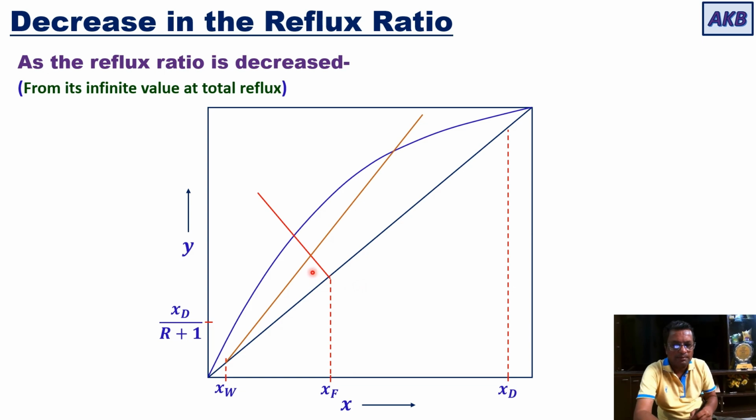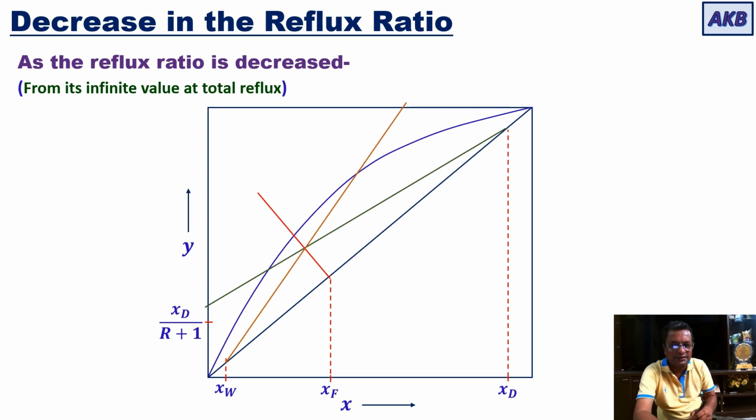Now, when the reflux ratio is decreased, the rectifying section line is moving towards the equilibrium curve. And at the same moment, the point of intersection is also moving towards the equilibrium curve. The same thing will happen with the stripping section line. So the stripping section line will also move towards the equilibrium curve.